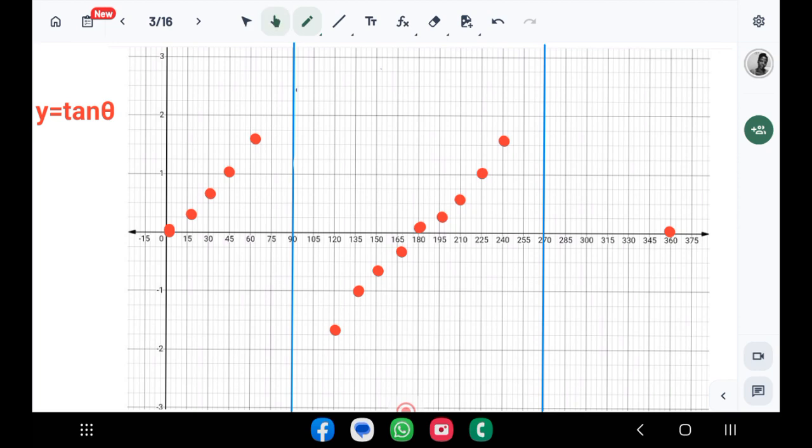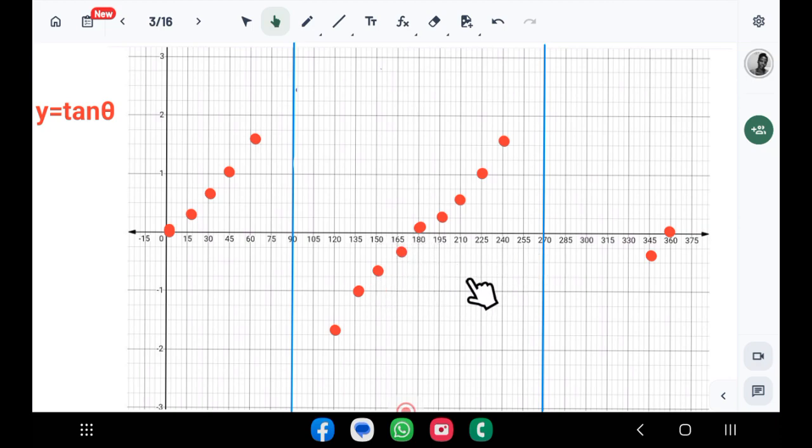Same thing with duplicate. 345 is duplicated with 165. So we match that point. 180 degrees away, 330 matches with 150.